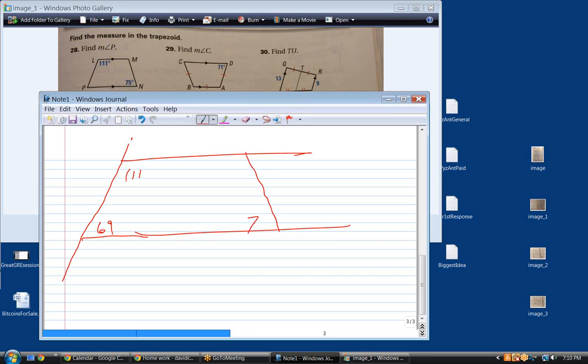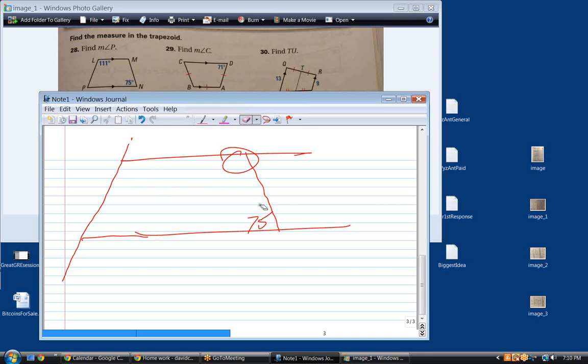So if this is 75, what's this one up here? That would be 180 minus 75. Wait, that's easy. That's 105. Okay. I try to write it to get it in my mind. Okay.